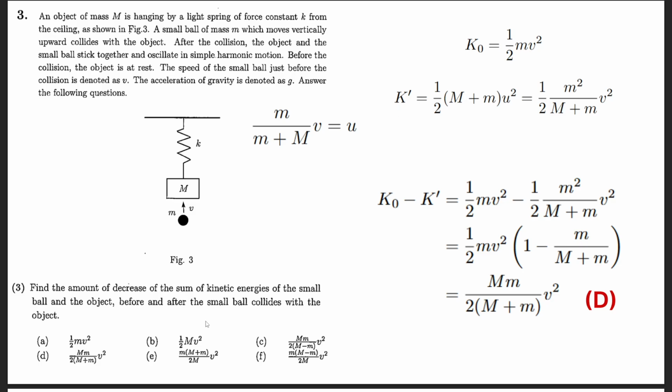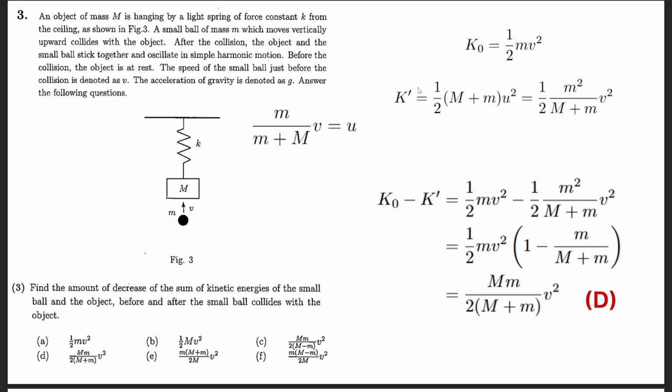And after the small ball collides with the object, it has the sum of the mass of both objects, that is big M plus small m, and the velocity is the velocity which it has after the small m collides with big M, that is u.